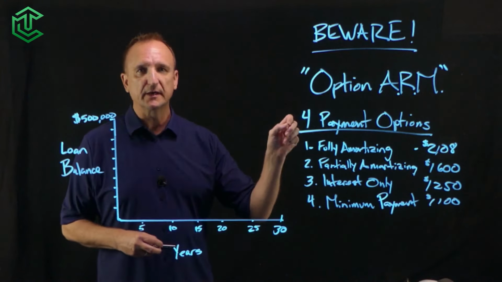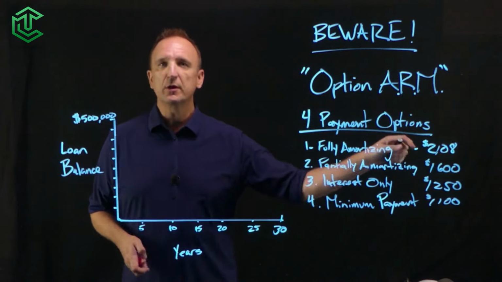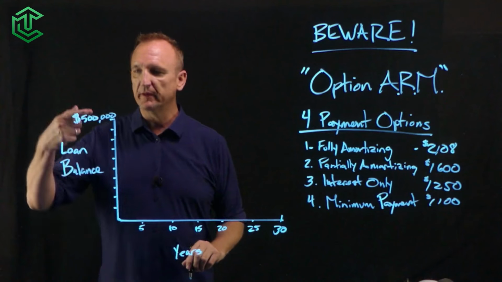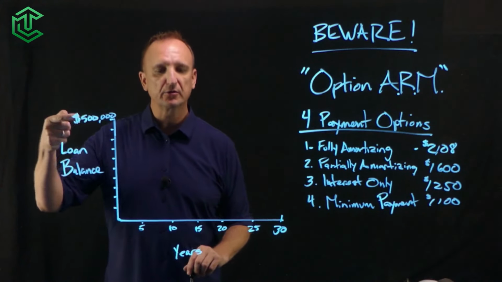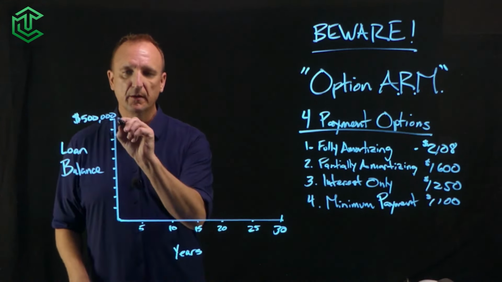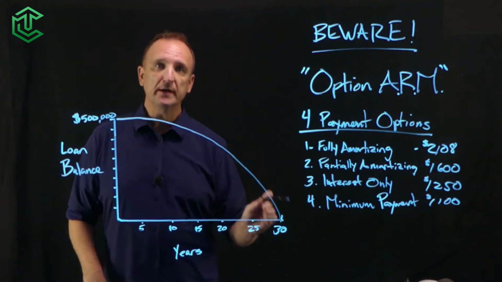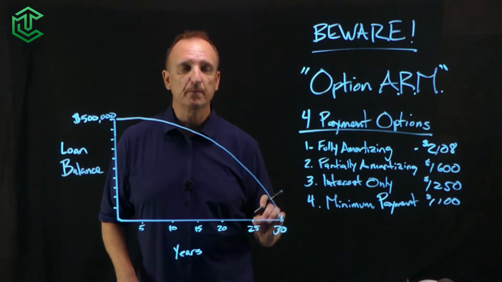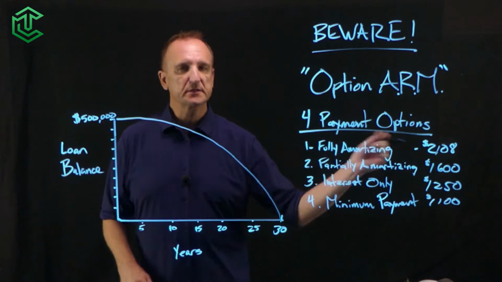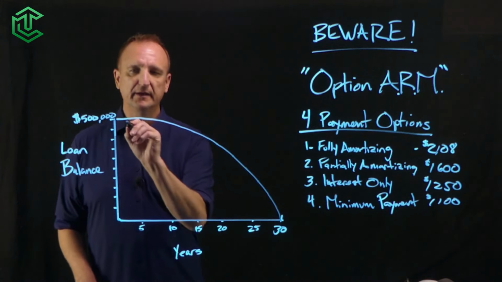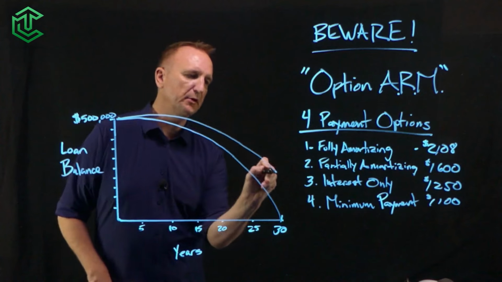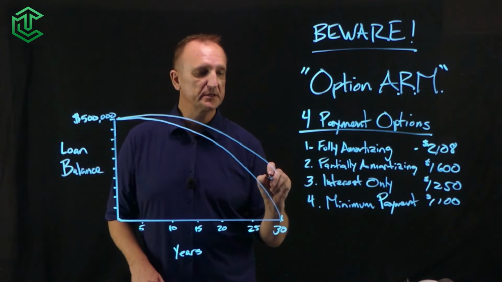And here's what that does. That $21.08 payment, if this was your $500,000 loan over 30 years, that $21.08 payment would pay your loan down to 0 at the end of the loan. If you paid just $1,600 at the end of 30 years, you would not pay the loan down to 0.